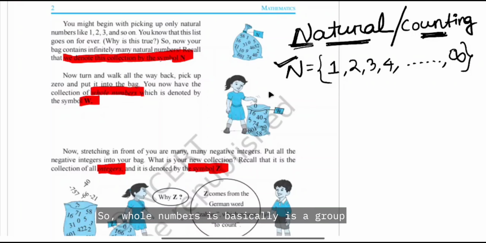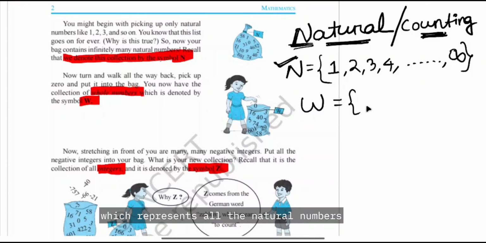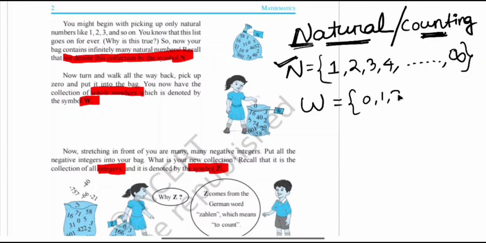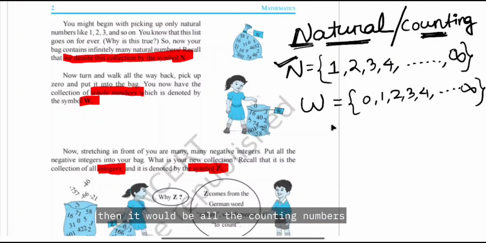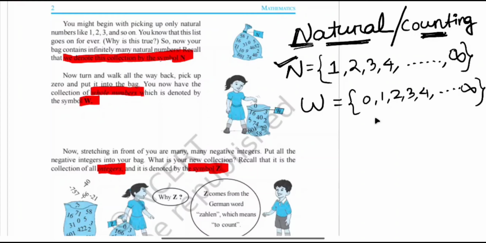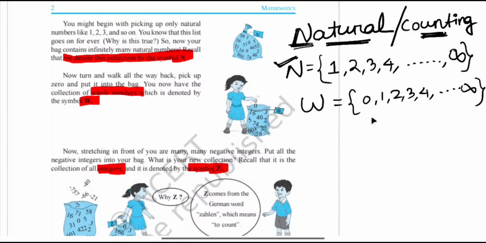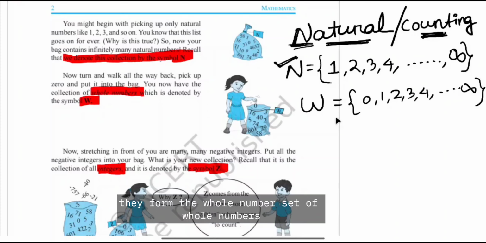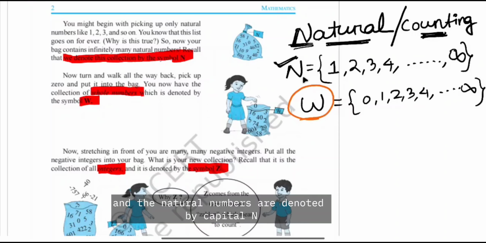Whole numbers is a group which represents all the natural numbers, all the counting numbers, along with 0. That means the set of whole numbers is all the counting numbers grouped with 0, and it is denoted by capital W, and the natural numbers are denoted by capital N.